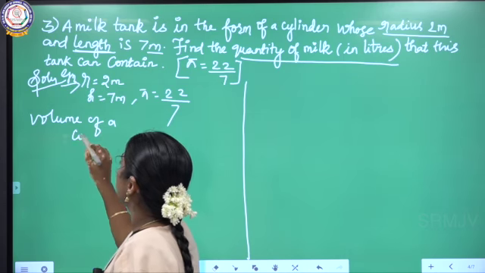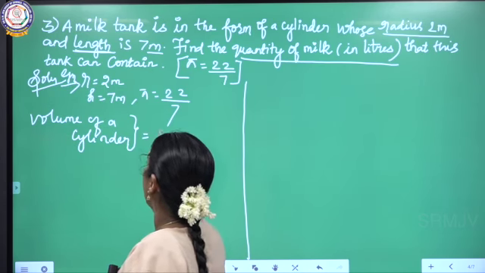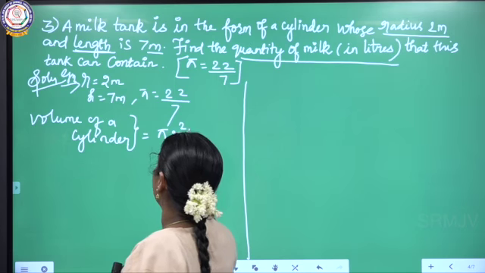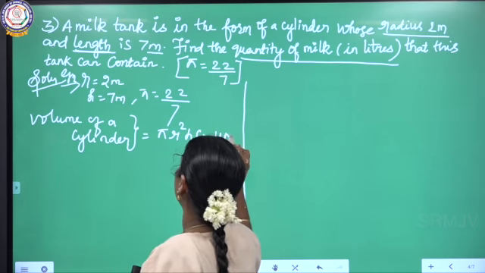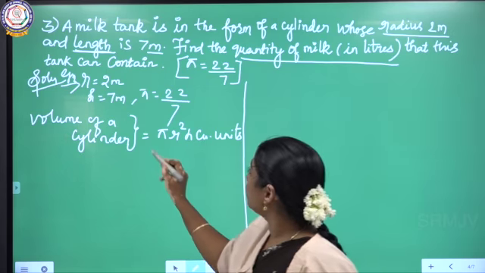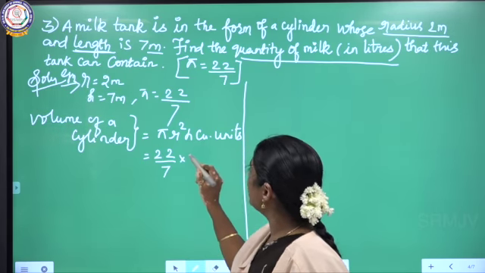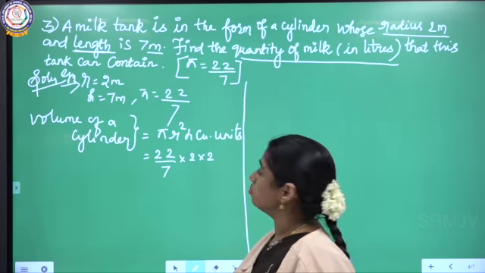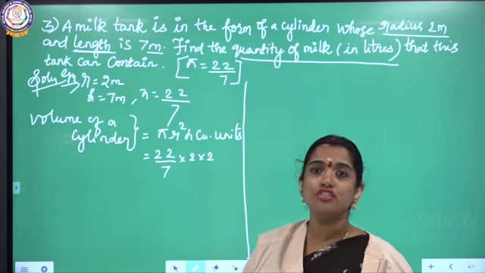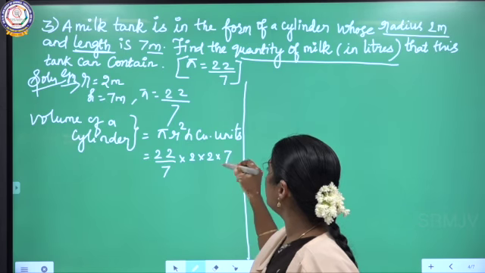What is the volume of a cylinder? Pi r square h cubic units. Pi 22 by 7, radius 2 into 2, r square is 2 into 2, and height is 7.